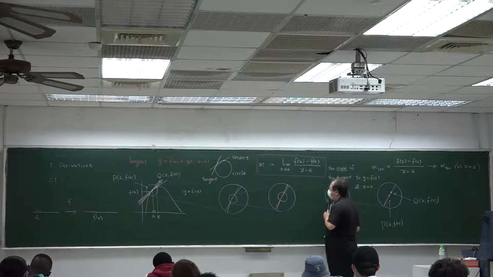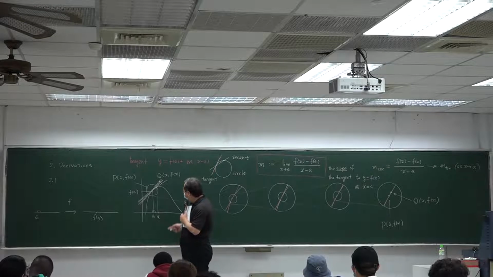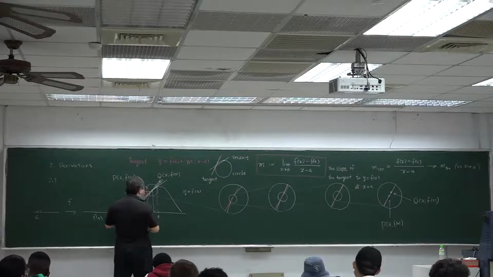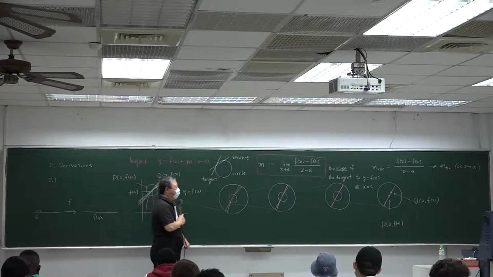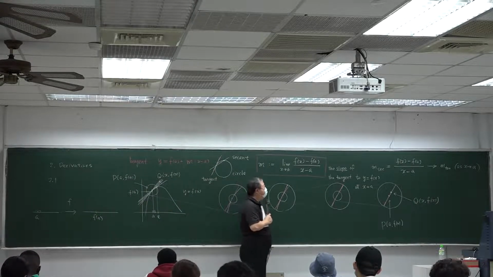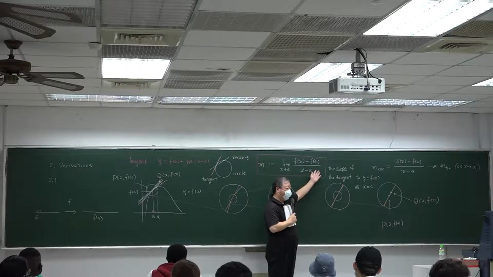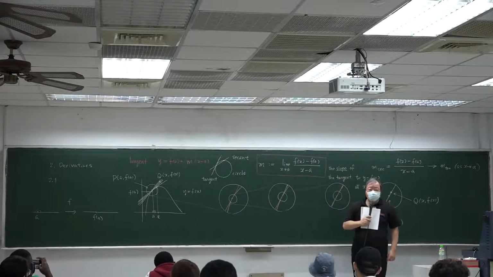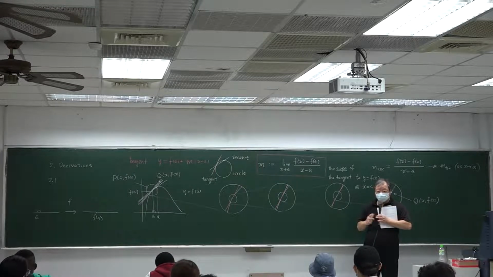Previously, the tangent line was found by observation and using a ruler to sketch a straight line. This is not math. We can find this by using subtraction, division, and limit. Okay. Got it? Understand?